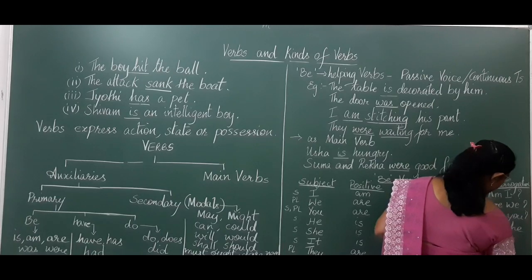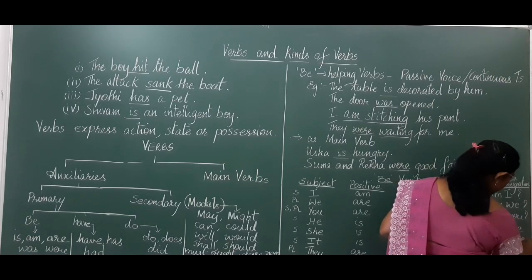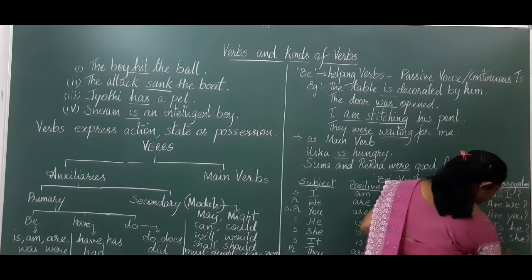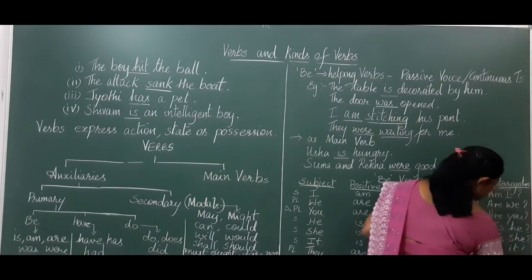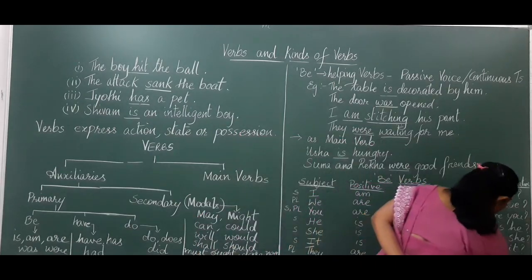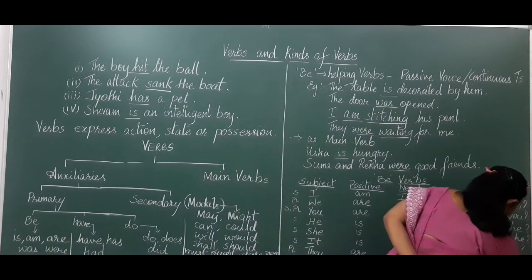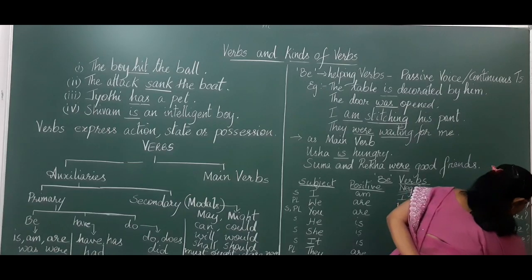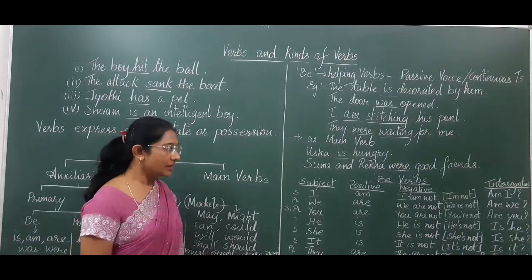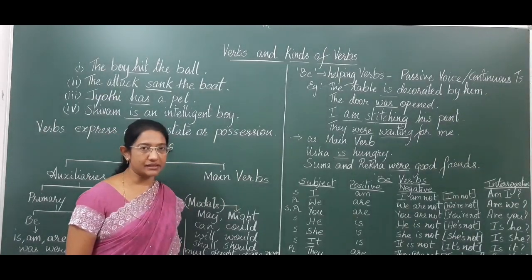Next, is she, is it. The last one, they are, becomes are they. So this is how we use them in the interrogative sentences.